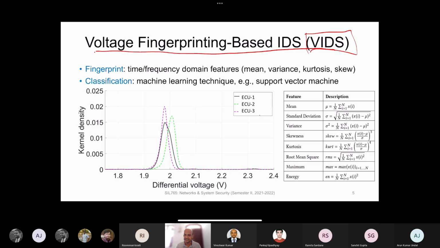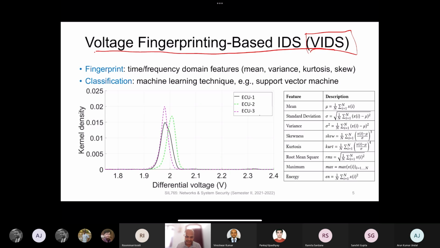So what this VIDS does is, I said that the CAN bus is a twisted wire, and on that twisted wire these bits are communicated, and then a packet is communicated in terms of the bits, and these bits are represented in terms of voltage values on the twisted wire.